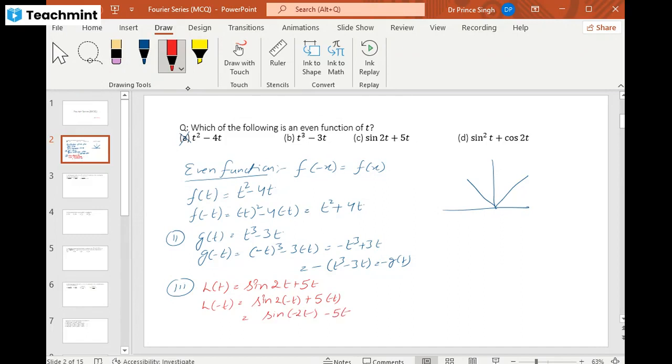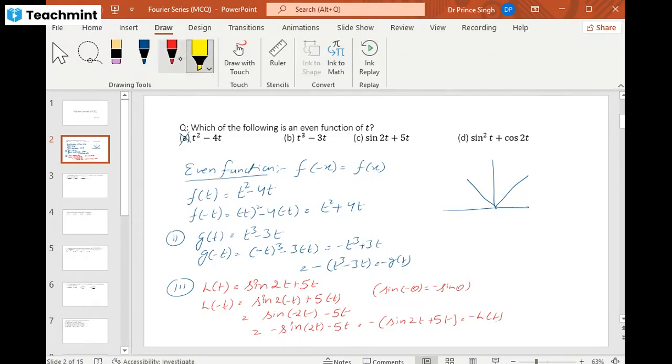And we know that sine of minus theta is equal to minus sine theta, because in the fourth quadrant the sine function is negative. So this is minus of sine of 2t plus 5t. Again, this is equal to minus of the function. So it means this is an odd function, because sine is an odd function, with odd power of t. A polynomial with odd degree is also an odd function.